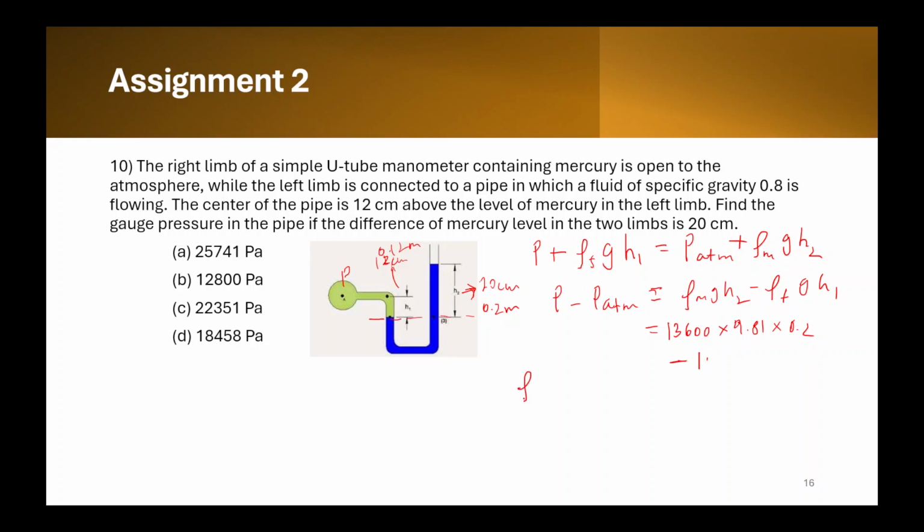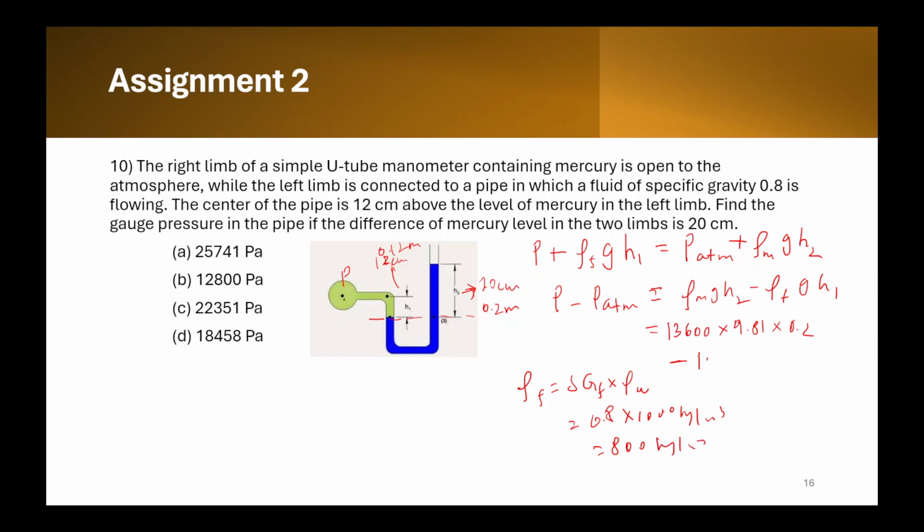So this rho of fluid will be specific gravity of fluid into rho of water. So again 0.8 into 1000 kg per meter cube.